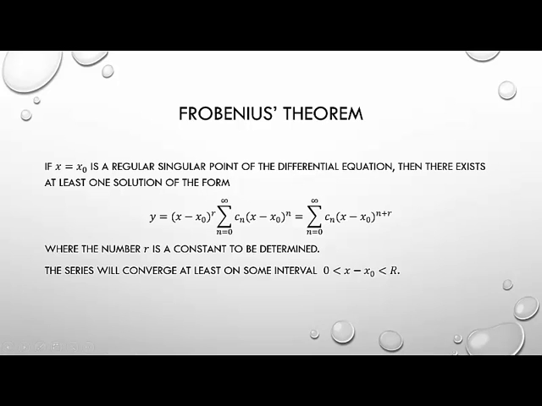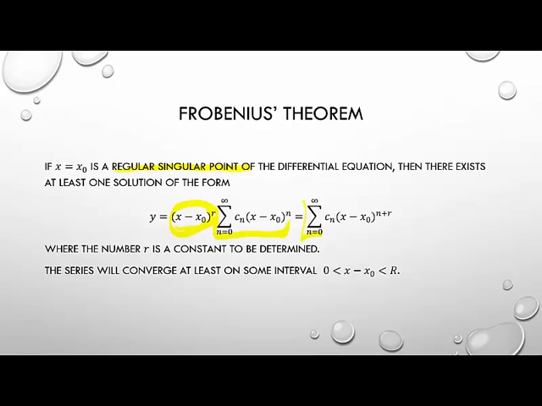Frobenius' theorem allows us to find a power series solution around a regular singular point. So if we do have a regular singular point, we can have a regular power series solution that needs to be multiplied by some power of x minus x naught.